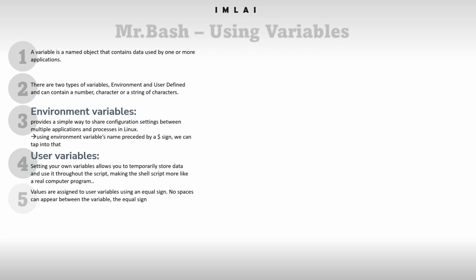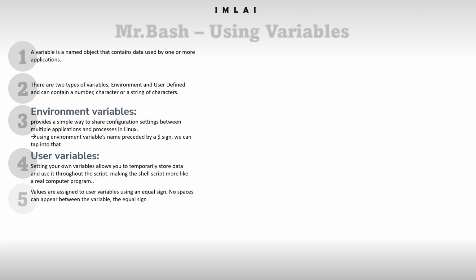Okay, so then values are assigned to user variables using an equal sign. And one more important point is there should not be any spaces between the variable, the equal sign and then the value. There should not be any space between any of these entities.